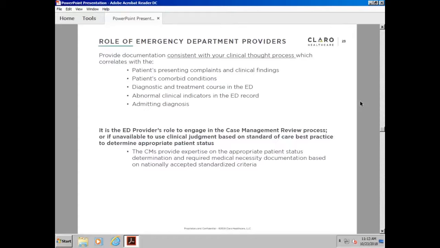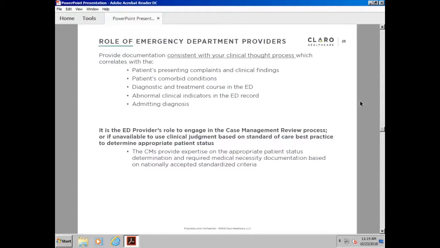So think of what your thoughts are and get them down. And those abnormal clinical findings that you see, like elevated troponins, elevated creatinine, just minor things, maybe their liver enzymes are elevated, just explain any of those abnormals that occur when they come in.